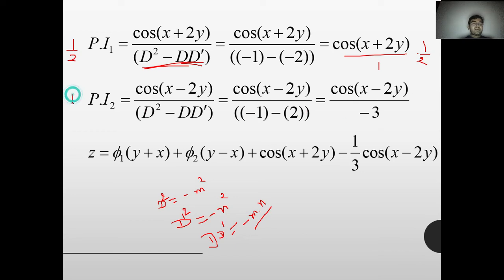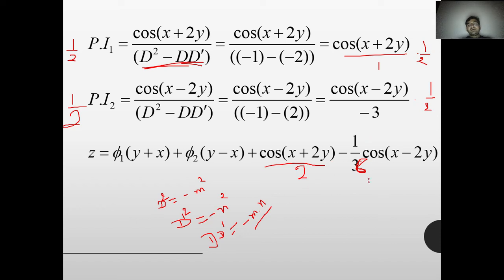So this is particular integral 1 and this is particular integral 2, and the solution, and 1 by 6. Z is equal to phi 1 of y plus x plus phi 2 of y minus x plus cos x plus 2y upon 2 minus 1 by 6 cos x minus 2y.